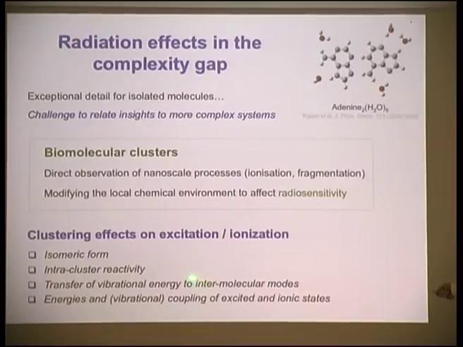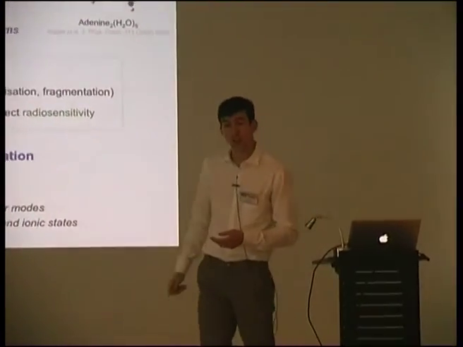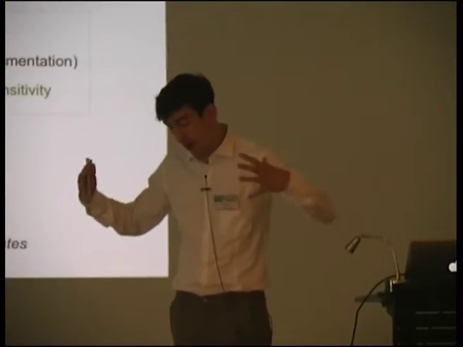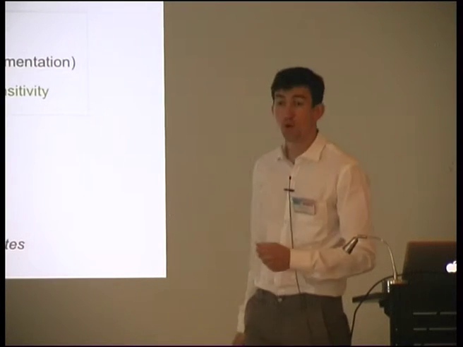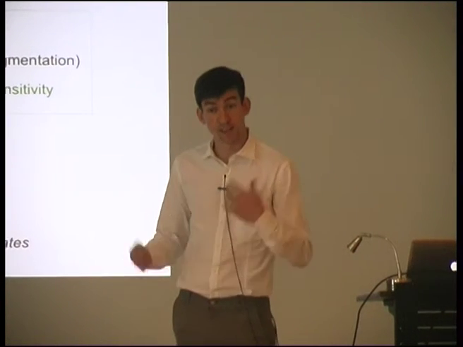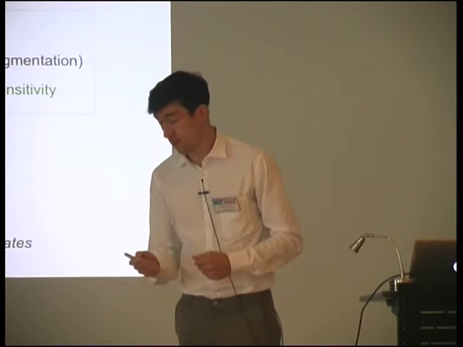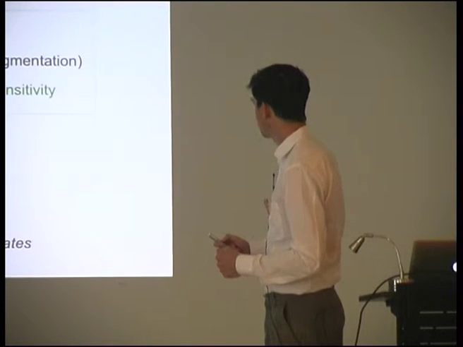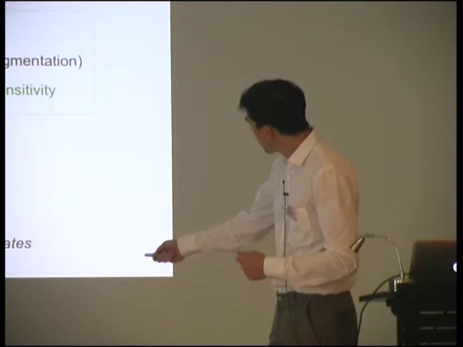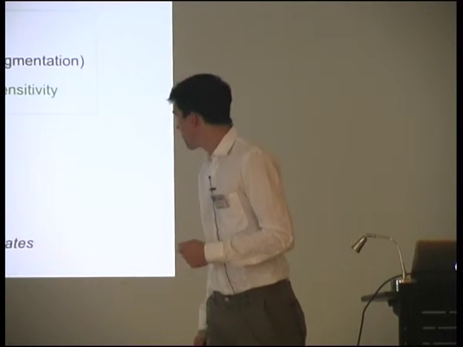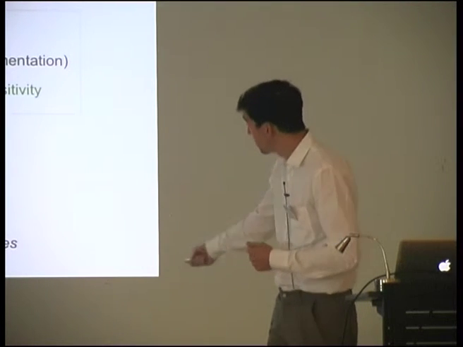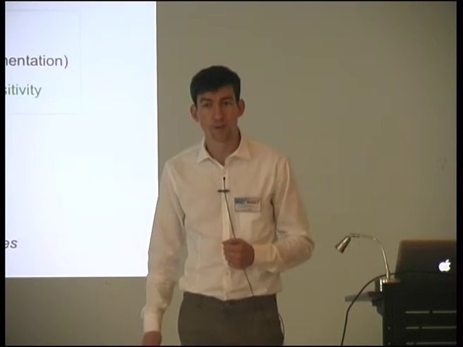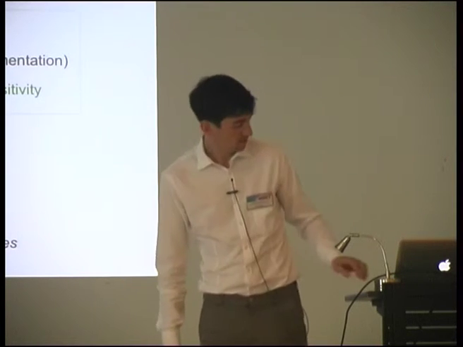And then you can have very efficient transfer of vibrational energy from intramolecular modes to intermolecular modes. This can provide a very efficient way to remove energy from excited molecules and can have a stabilizing effect with respect to fragmentation. And then you can also modify the energies and the vibrational coupling of excited and ionic states. These are the types of processes that we've got in mind when we're trying to interpret our results.